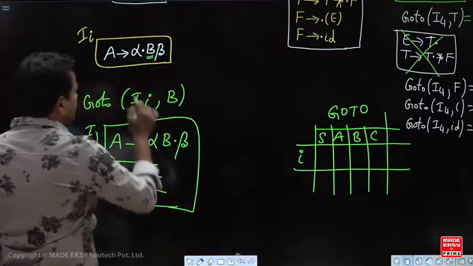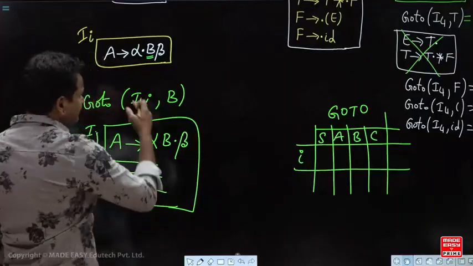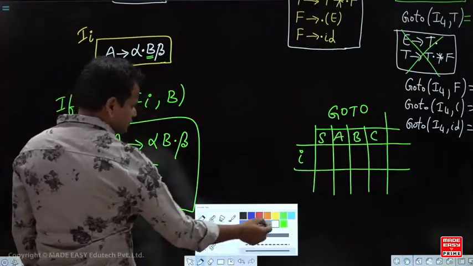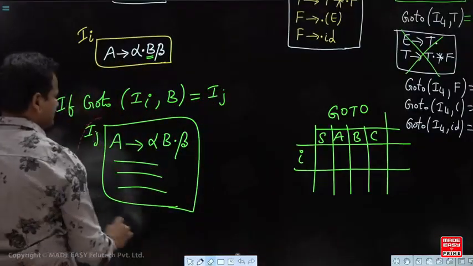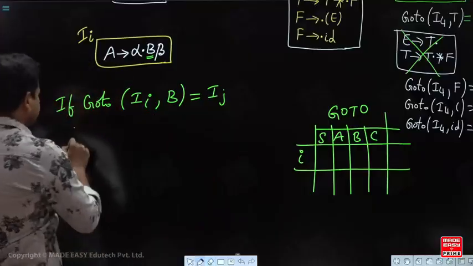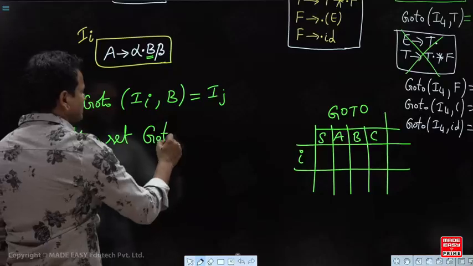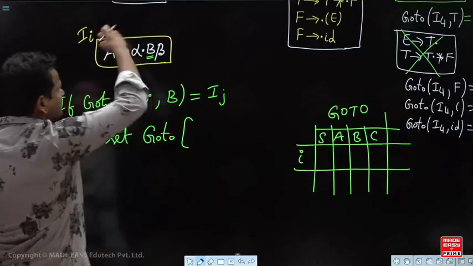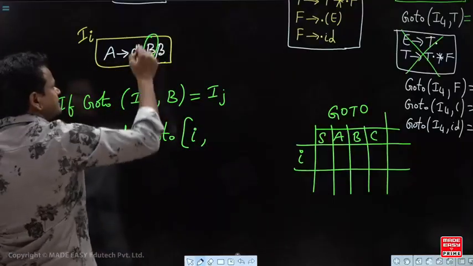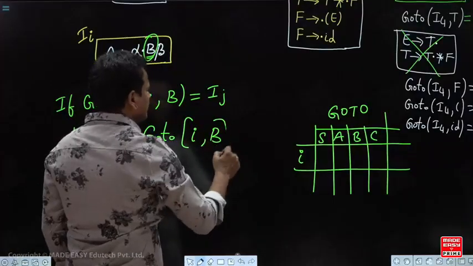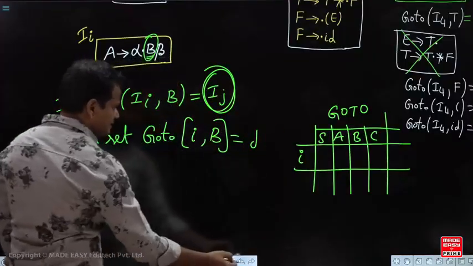This is in Ii, and if it goes to Ij, then set, in the goto part of, what is the name of the state? Ii, so the ith row. And what is the name of the shift symbol? B, so the bth column. Where is it going? Ij. Therefore simply j.